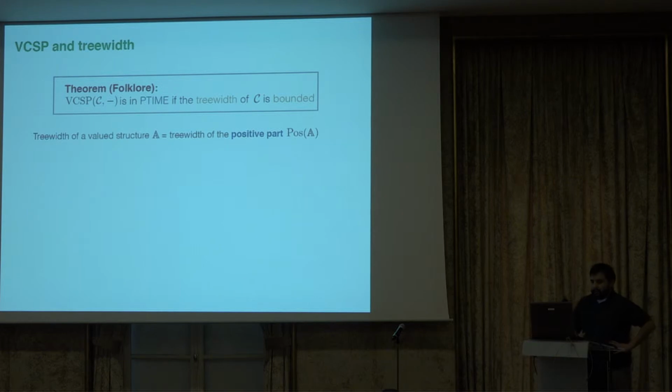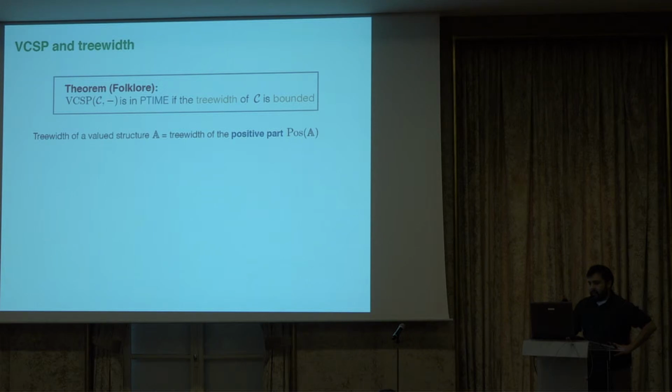Well, in the case of BCSP, we also have that tree width is tractable. I mean, BCSP of C is going to be in P time when the tree width of C is bounded. Now we need to be more precise: how do we measure the tree width of a valued structure A? We look at the tuples, and we only look at the tuples with positive cost, because if you have 0 cost, it is irrelevant for the problem, right?